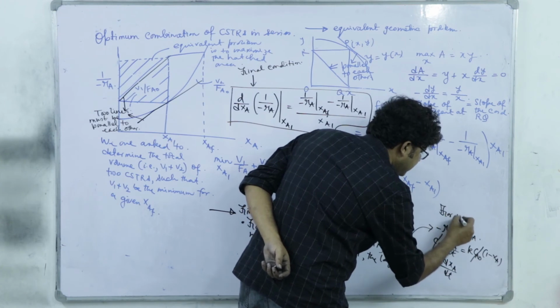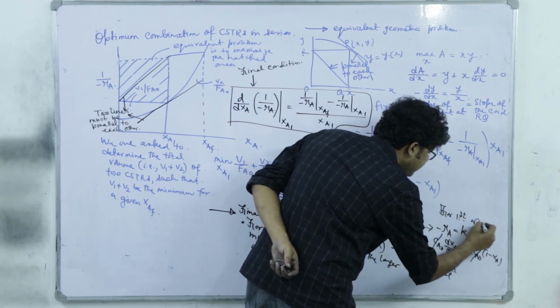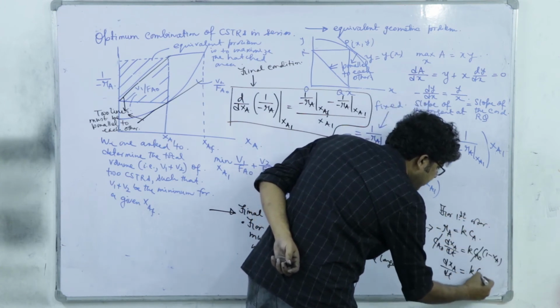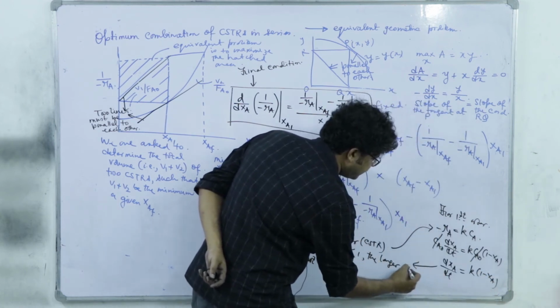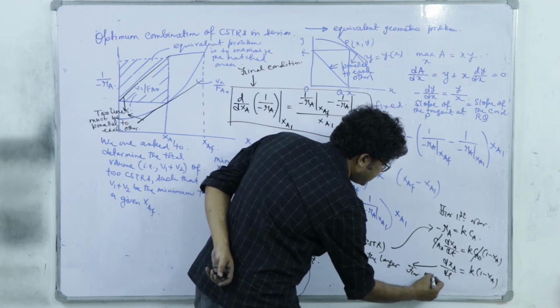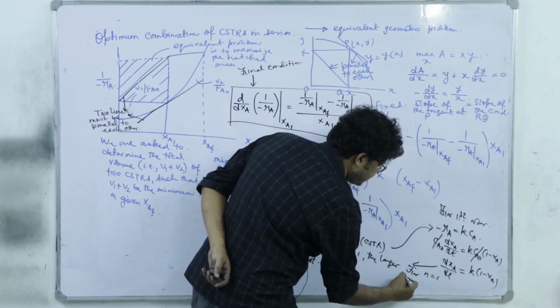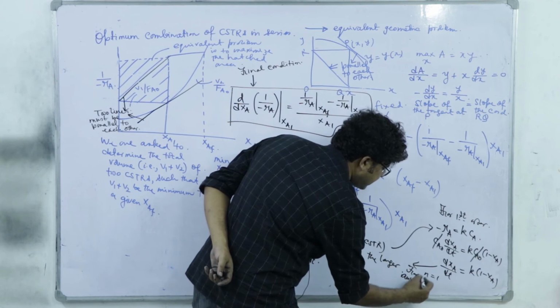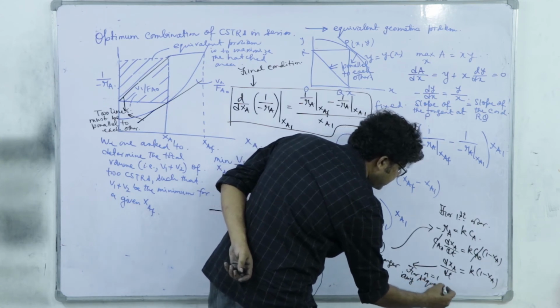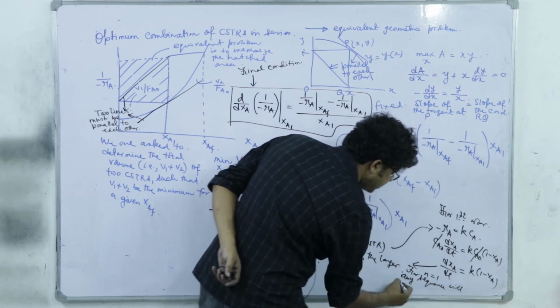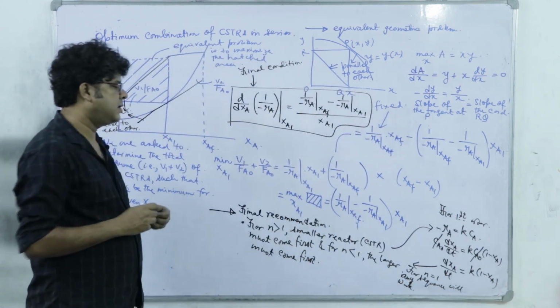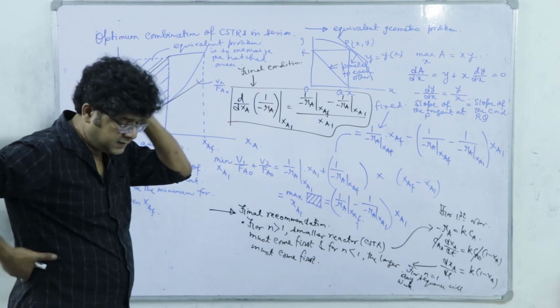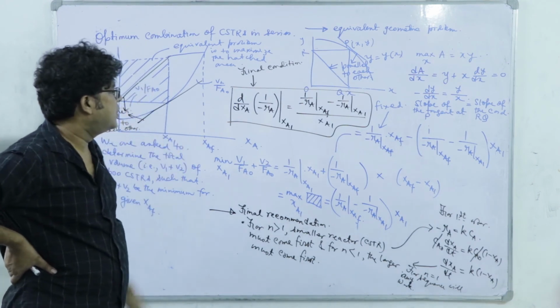So, for first order, it is equal to k into 1 minus Xa, right. So, for n equal to 1, any sequence will work, right, because the kinetics is independent of concentration. So, that is the idea.